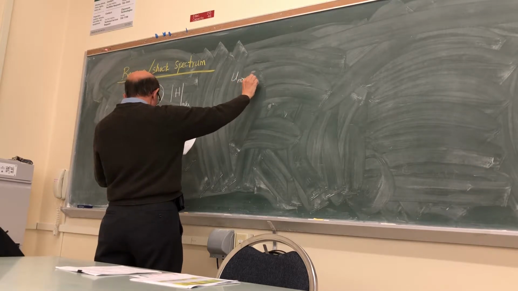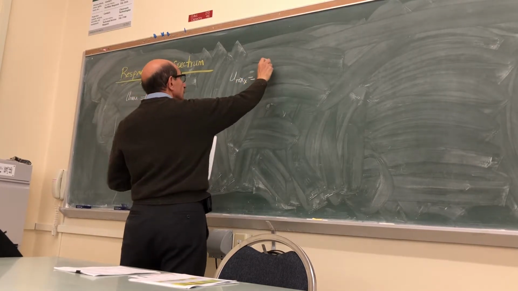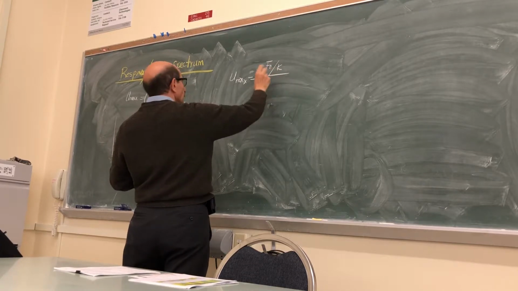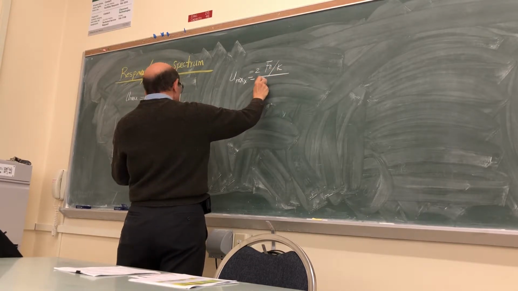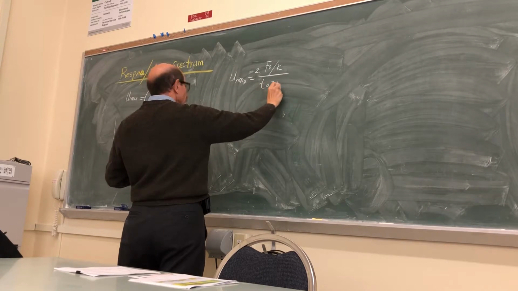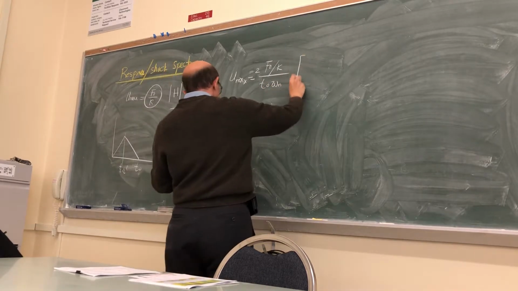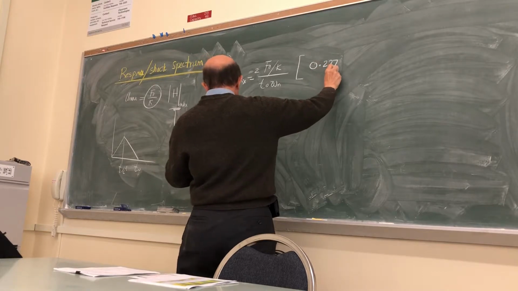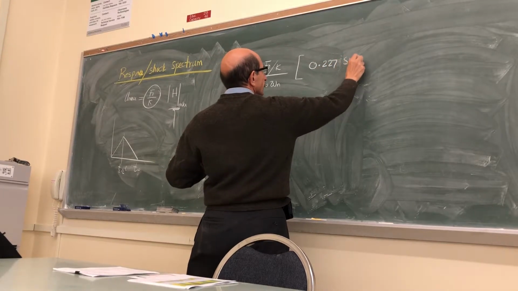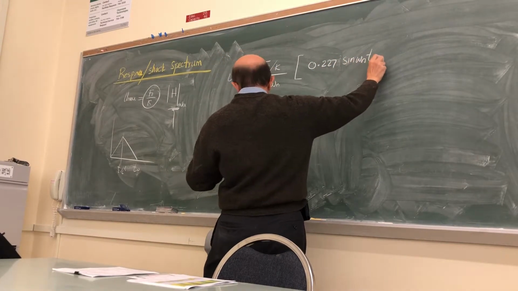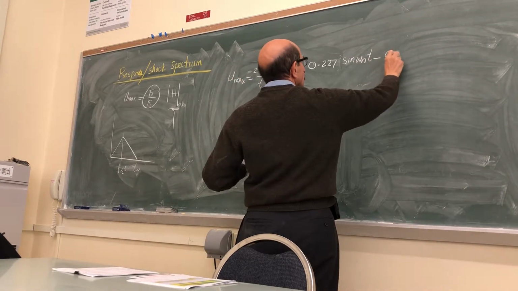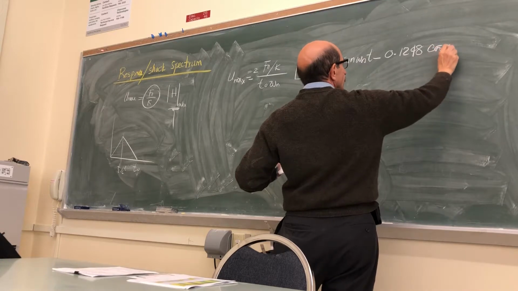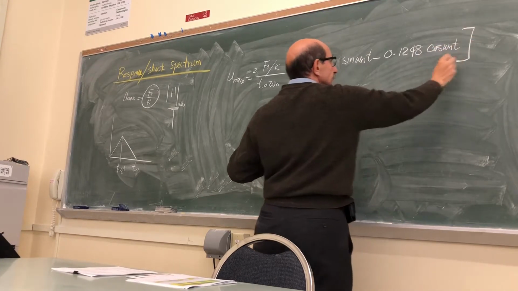Maximum response was F0 over K, and intentionally I write it like that, times T0 omega n. We just did that, so it's still fresh: 0.227 sine omega n t minus 0.1248 cosine omega n t.